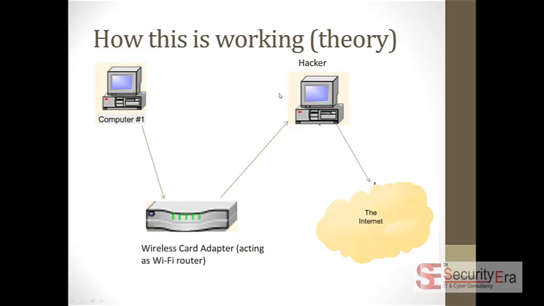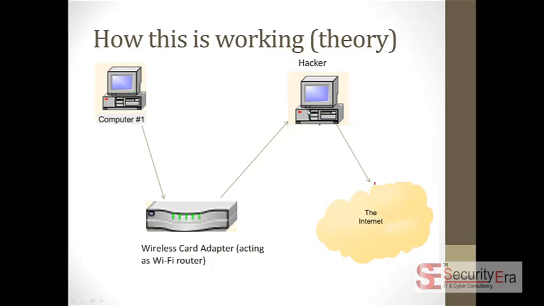One of them is acting as the Wi-Fi router, and then the other one's actually connected to a real Wi-Fi router. So that way the neighbor in this case that is connected will still get Wi-Fi connection, because once they send the request to the wireless card that's acting as a Wi-Fi router, that gets sent onto the hacker machine, the hacker machine will then send that onto the internet through the other connection.